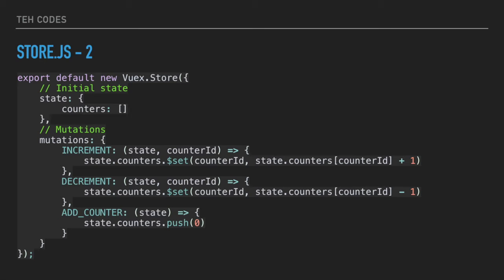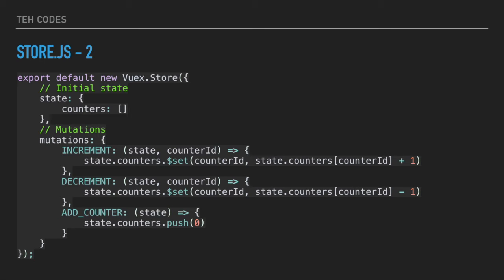We've got our three mutations here: increment, decrement, add counter. That's fairly self-explanatory. We're using this ES6 big arrow function syntax. It's got slightly different behavior to normal functions, but here that's irrelevant.